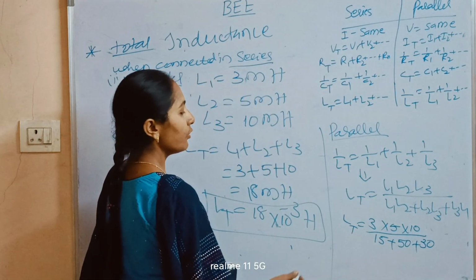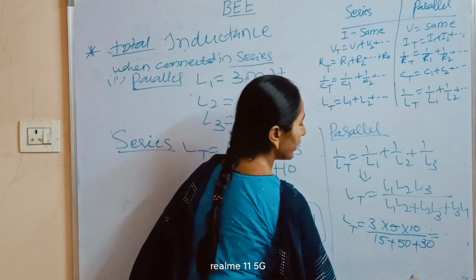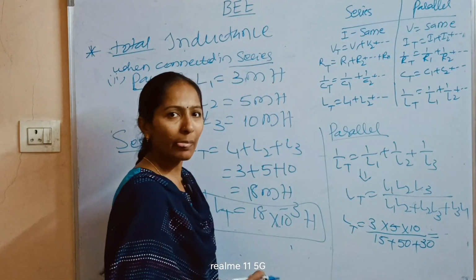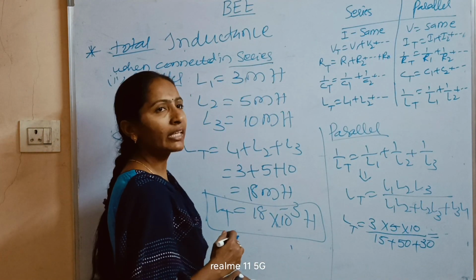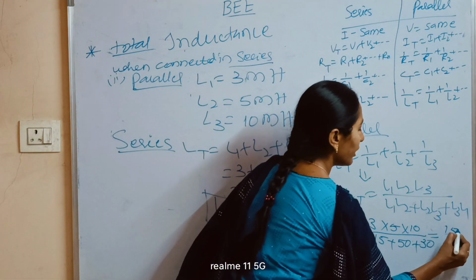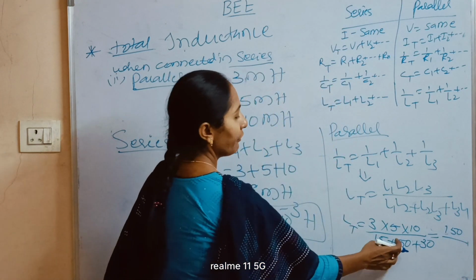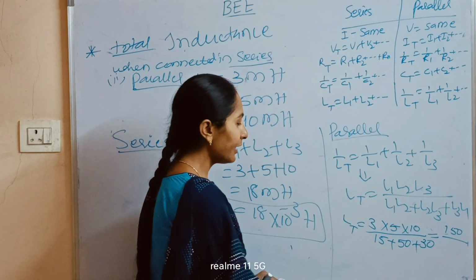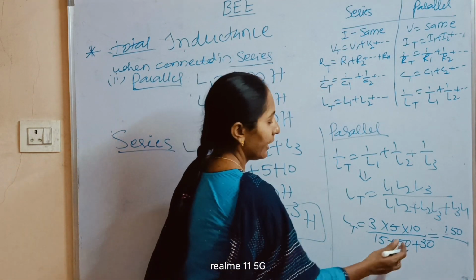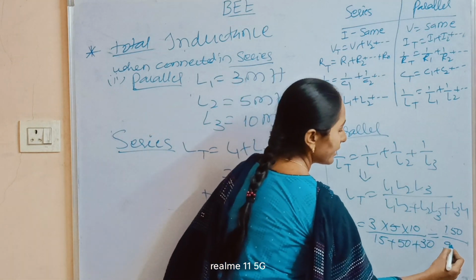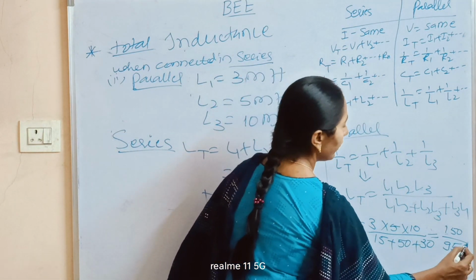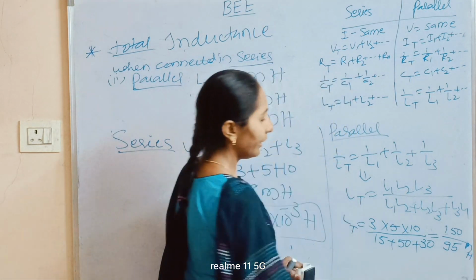Now what is the value of L total here? Numerator 3 into 5 into 10 is 150, divided by 50 plus 30 is 80, 80 plus 15 is 95, in terms of millihenry.